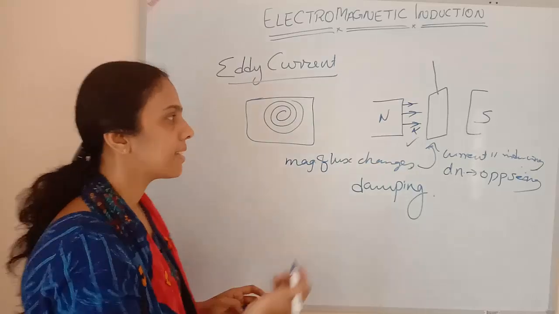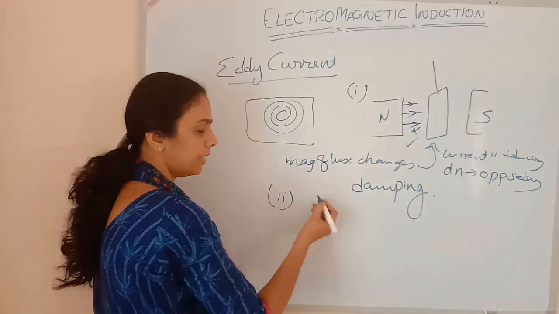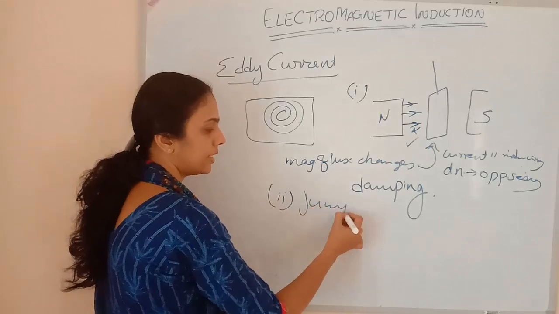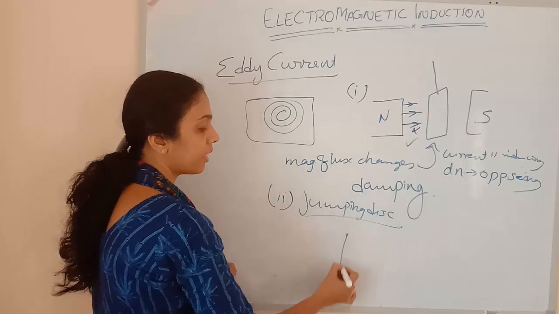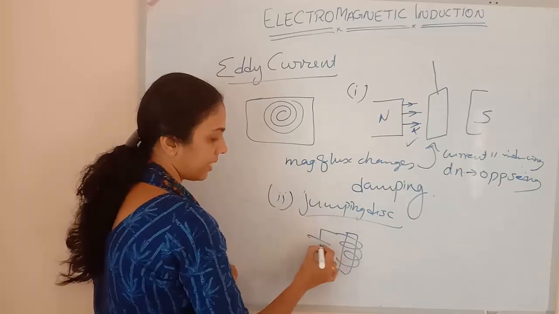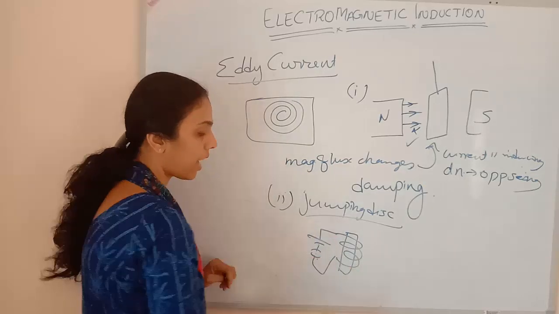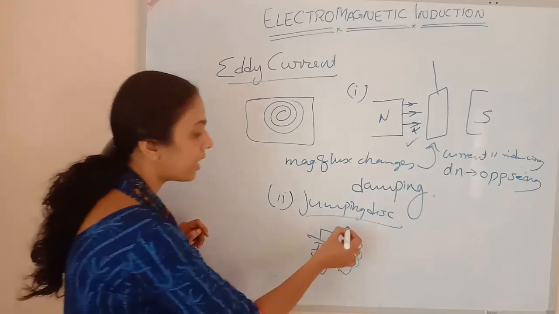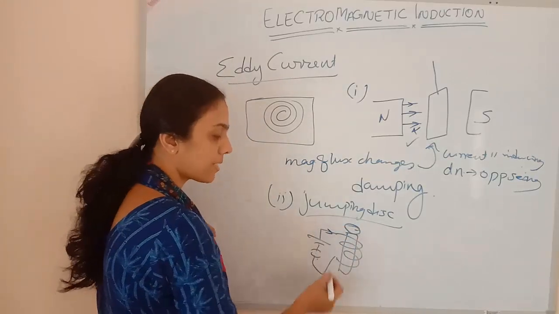That is one of the experiments, and the other one is the jumping disc. Suppose I take a solenoid with a key, and a disc is kept over it. What will happen when current passes through the coil?